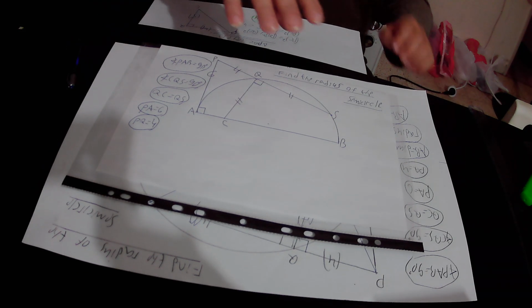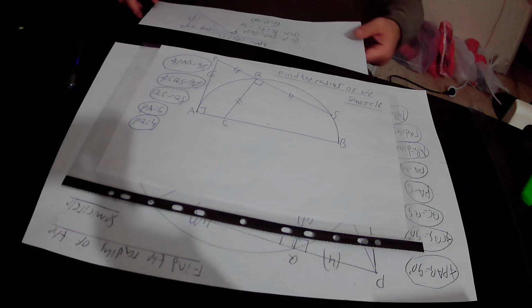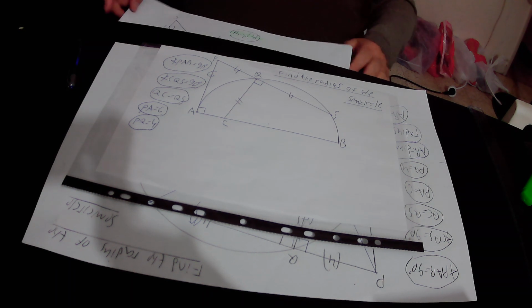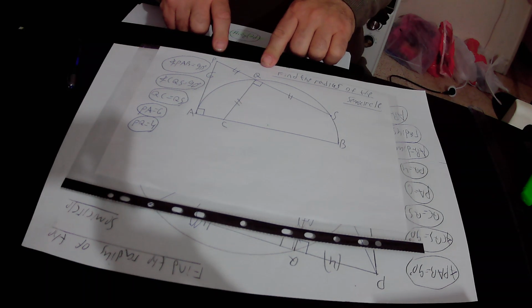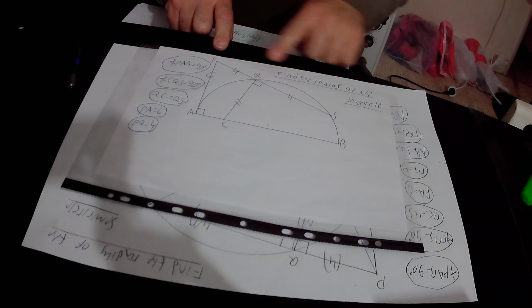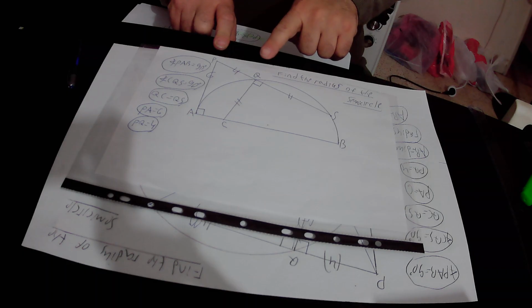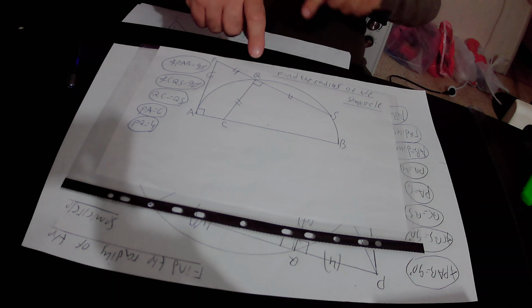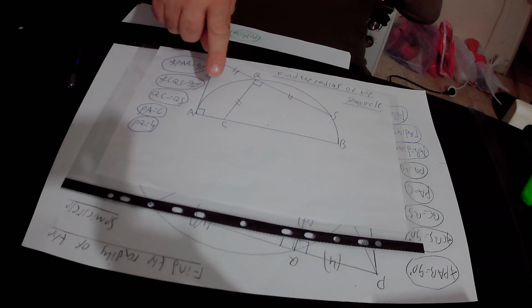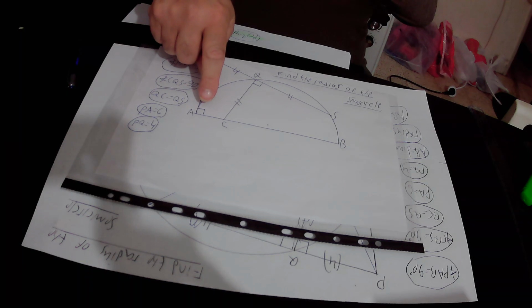In this lecture we found out the radius of this semicircle. So in the drawing we have a semicircle and we have line segment PA that is tangent to the semicircle here at point A, and we also know that the length of line segment PA is 6, line segment PQ equals 4 units in its length, and we also know that line segment PS cuts the semicircle at points Q and S. In addition, we know that QS equals QC, and this is angle PAB that is equal to 90 degrees in size.